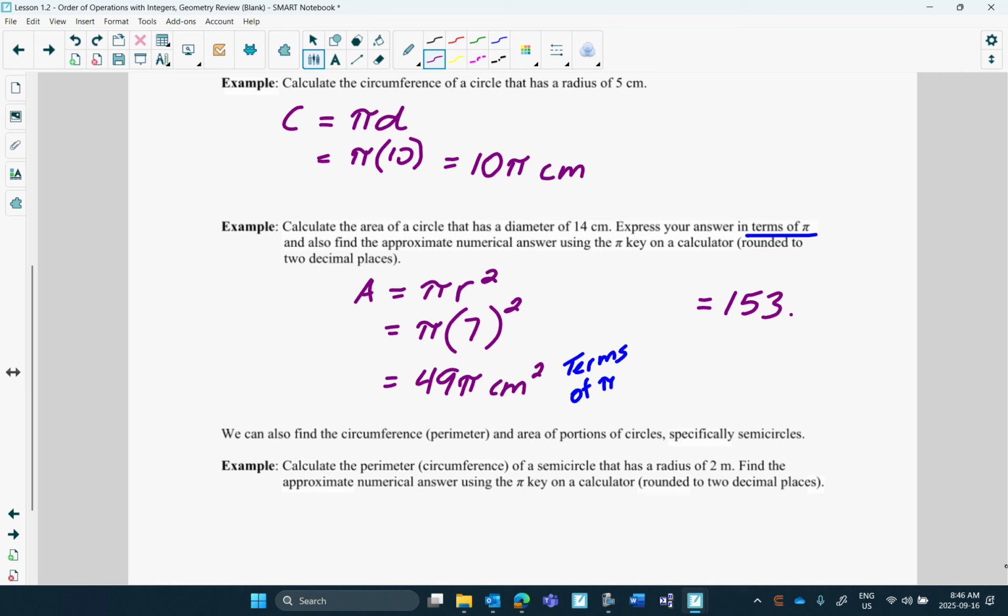Oh wait, 2 decimal places. Oh, yeah, 153.94. And did you use the pi key or 3.14? Did anybody use 3.14? If so, did you get the same answer?